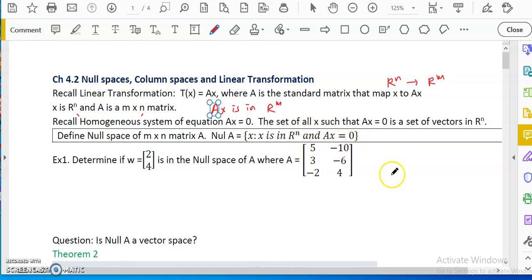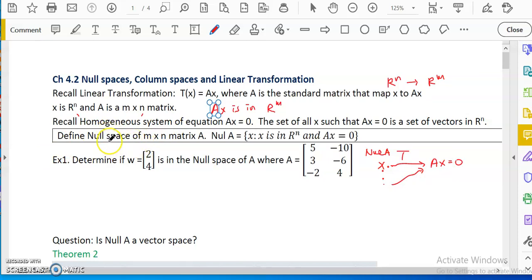You can think of T being the transformation. If you get this x in null A, you map T to it by doing Ax, and it becomes 0. So this transformation maps all these x in null A into the 0 vector. They may be different vectors, but they all map into 0. So we call them the null space.